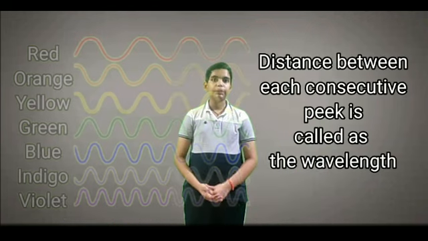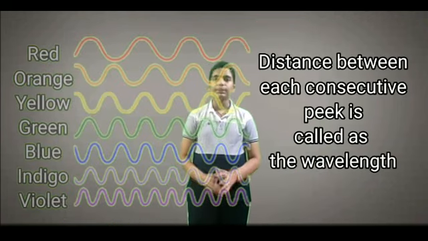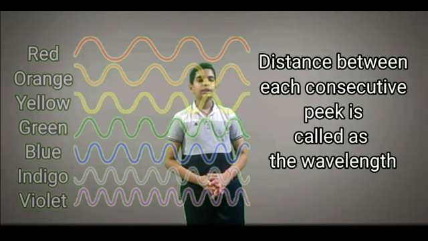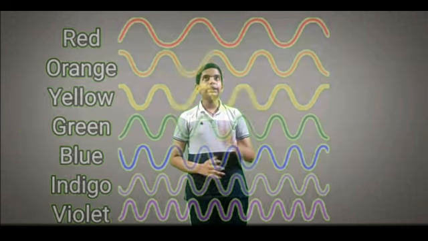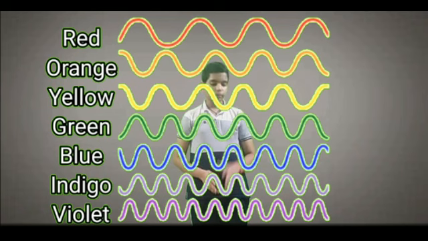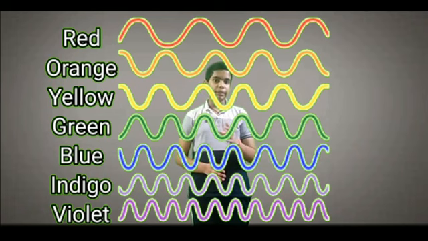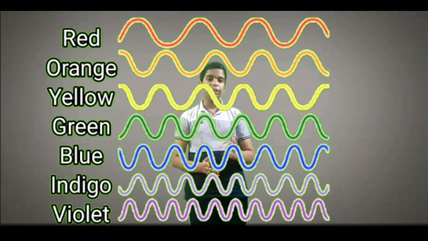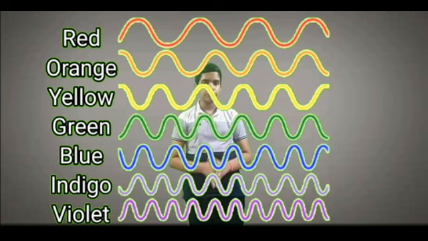This distance between each consecutive peak is known as the wavelength. So now you can confirm that red has the maximum wavelength and violet has the minimum wavelength. Hence red travels at the maximum speed and violet travels at the minimum speed after the dispersion of light. And hence we can see a band of colors which is a spectrum.